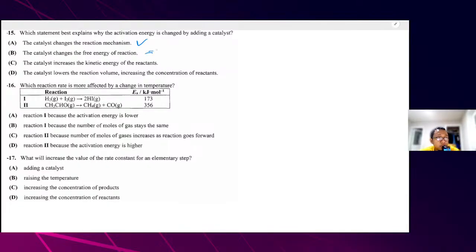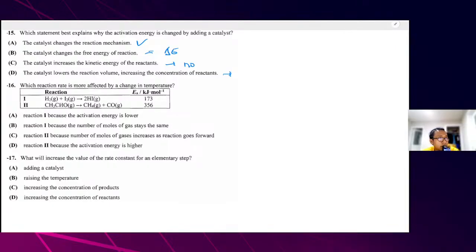The catalyst changes the free energy, I mean delta G or Gibbs energy? Nope. Kinetic reaction? Nope, there is no added energy. Kinetic of reactant? No. The catalyst lowers reaction volume? No, there is no relation between volume and increasing concentration. Nope.